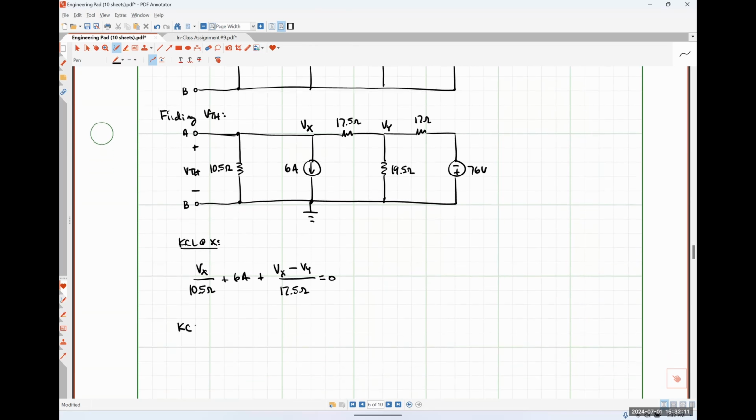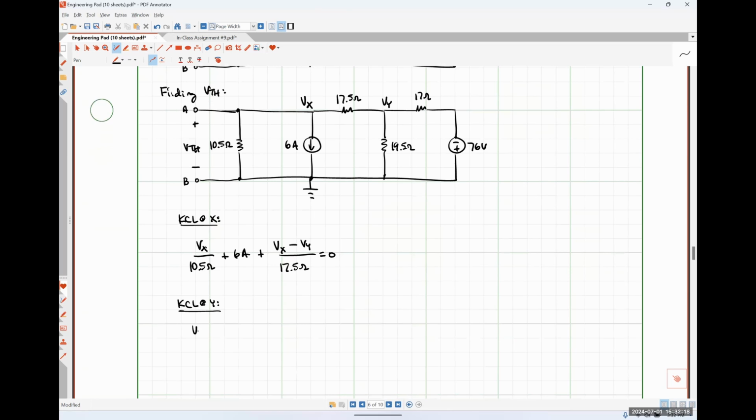And then KCL at Y, I'm going to have Vy minus Vx over 17.5 plus Vy over 19.5 ohms, plus Vy plus 76 volts over 17 ohms.